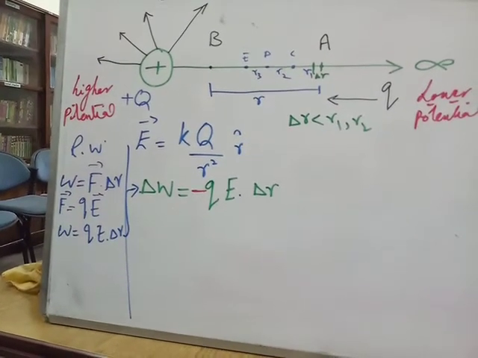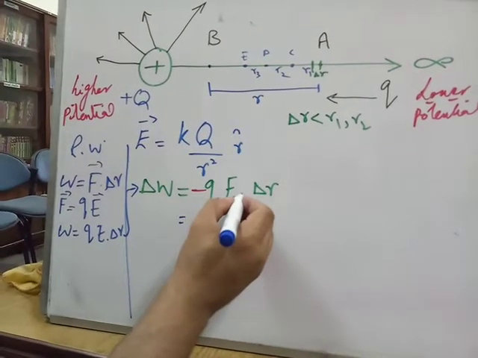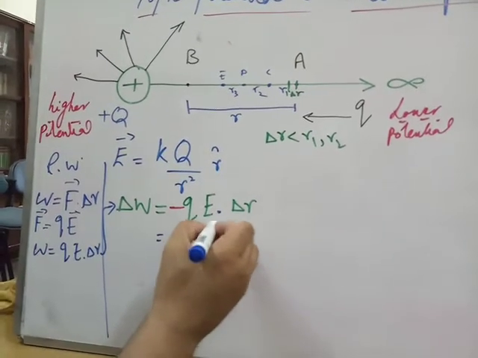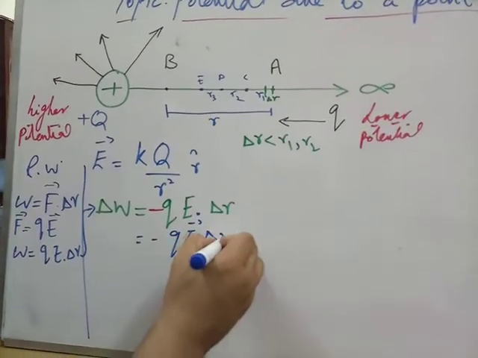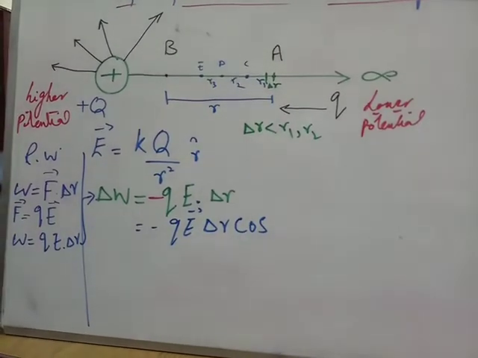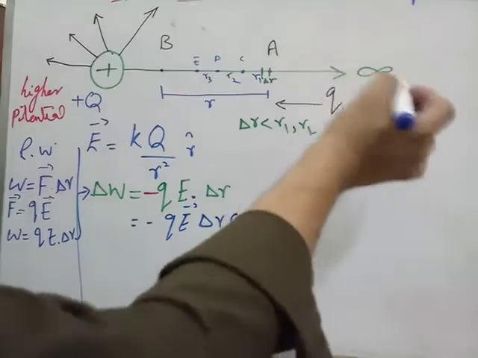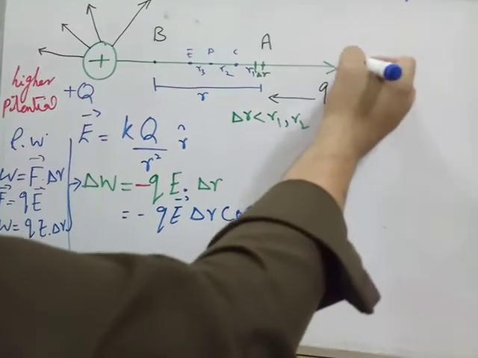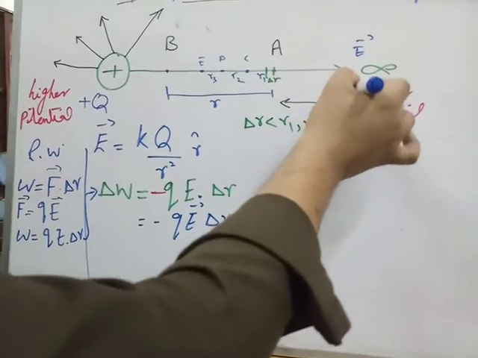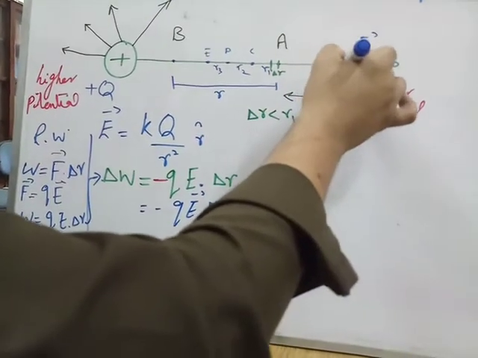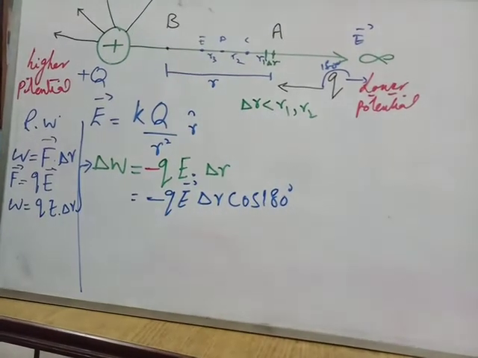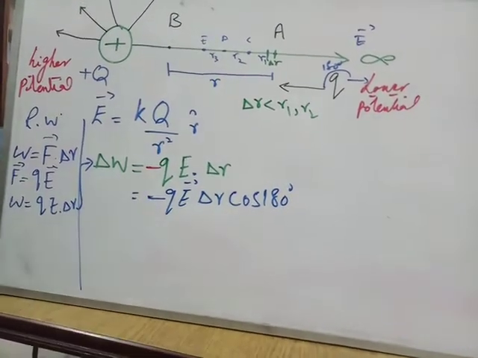But you know that this is a scalar product, so we use cos theta, and here theta will be 180 degrees, because the electric field and displacement are anti-parallel. You know that cos 180 is minus 1.